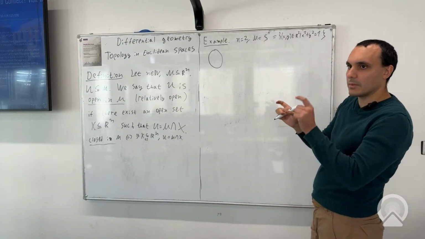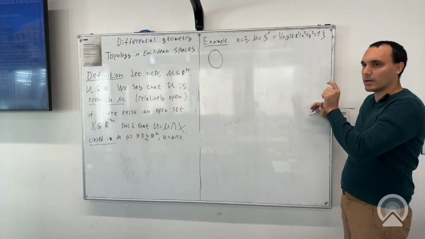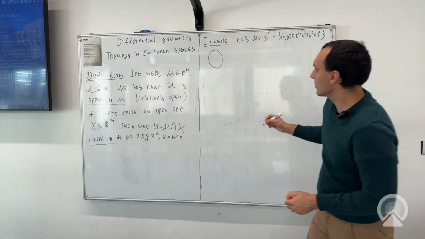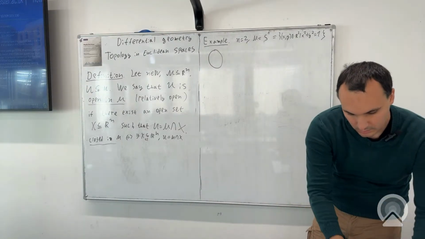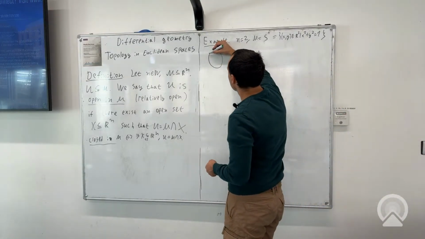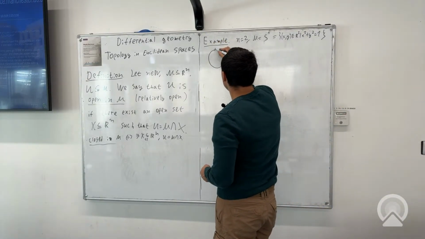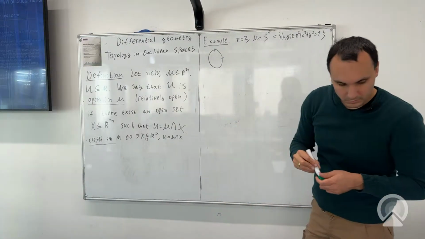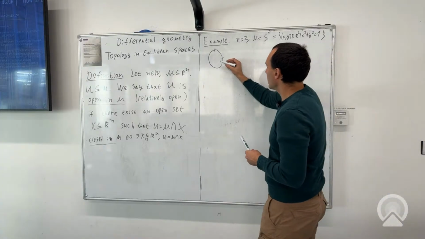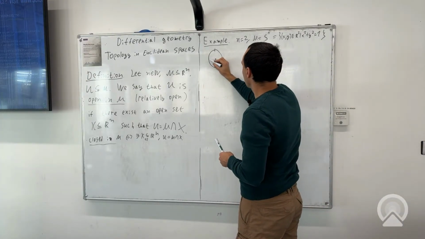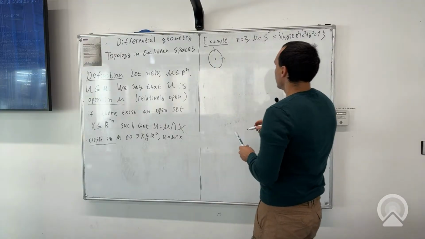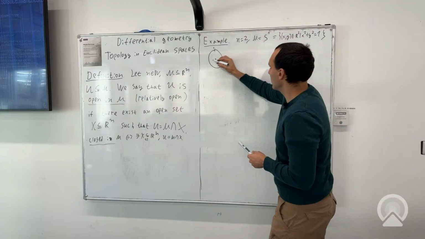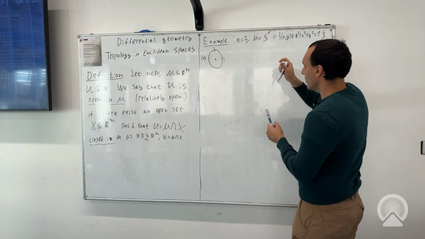Now let's take some arc, this arc here, for example. This is 0, this is 1, and this is 1. So this is example 1.